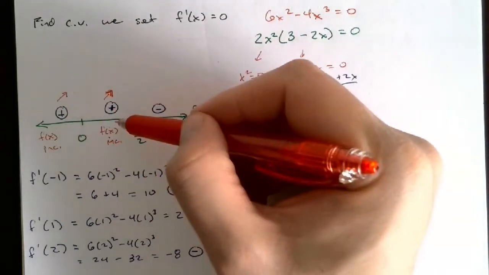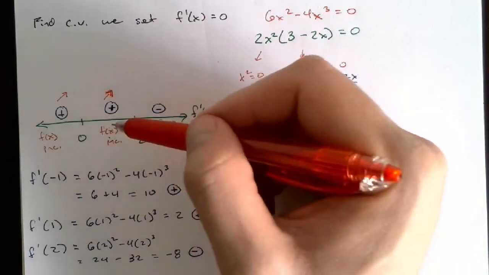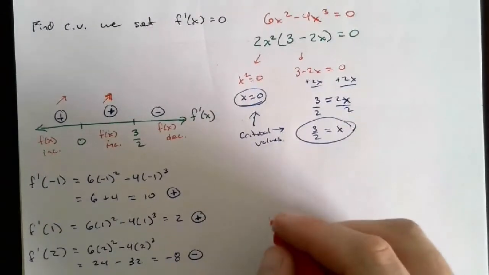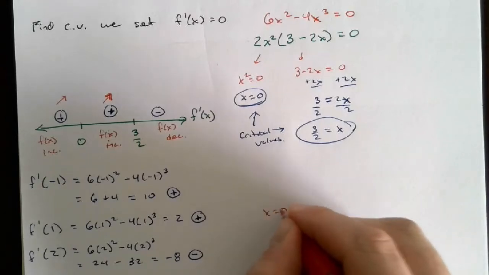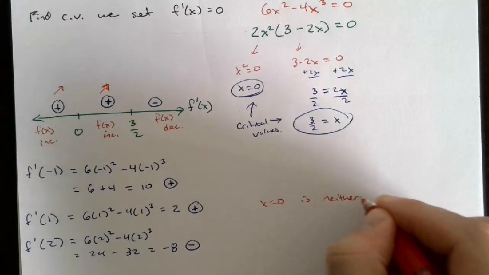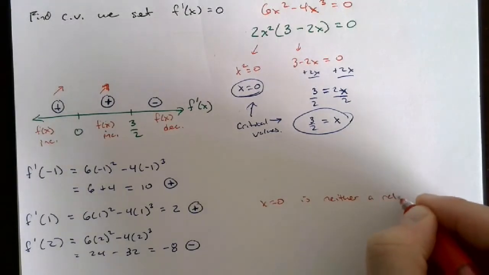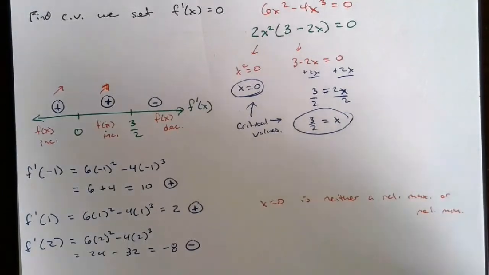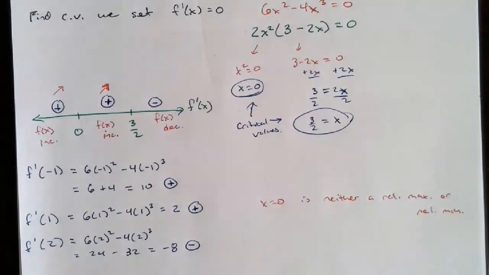It didn't go back down, which would have caused it to become a maximum. So at x equals 0, there is neither a relative max nor a relative min. And that's okay, that can happen.